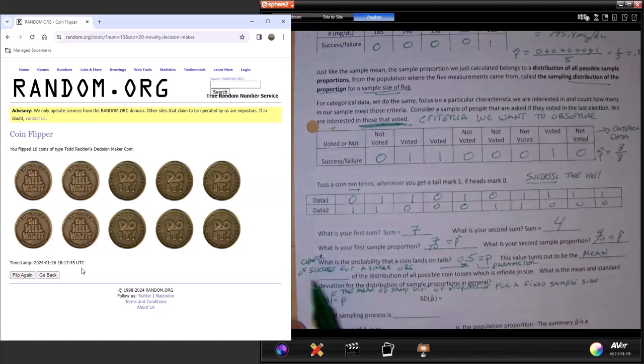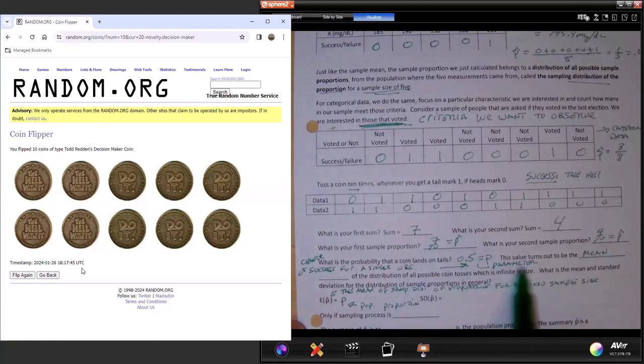Again, this is the chance of success for a single observation, but it turns out this happens to be the mean of the sampling distribution of proportions for a fixed sample size. So often this would be called the population proportion. Again, notice parameter is a general term. Population proportion is more precise for this particular situation. And this happens to be the mean.